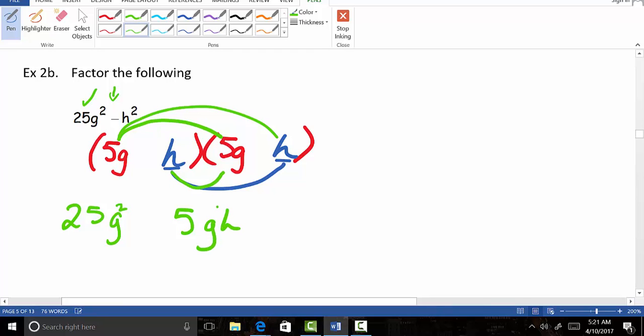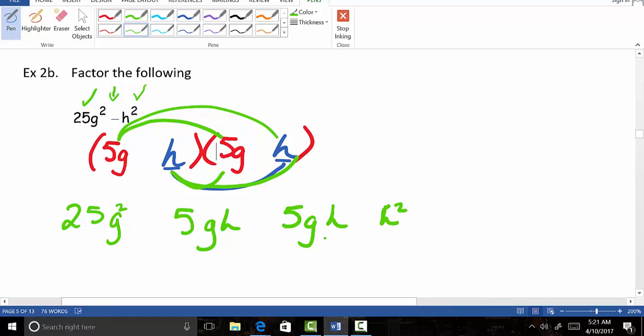Likewise, when we distribute the h into the next set of parentheses, we end up with another 5gh. And then lastly, when we distribute that h to the final h, we end up with h squared, completing this last piece.